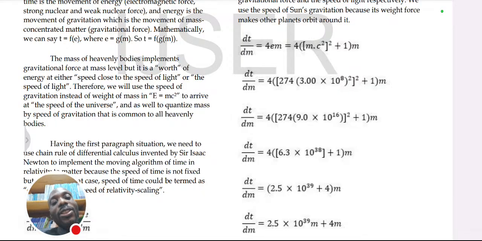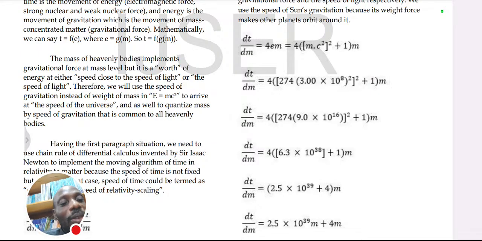We're using the gravitational speed of the sun because all heavenly bodies revolve around the sun. And so we're going to use the generic gravitational speed of the sun for us to be able to have the ideal constant speed of the universe.